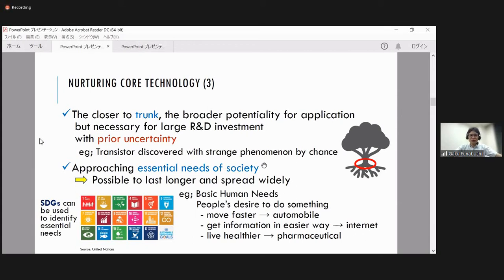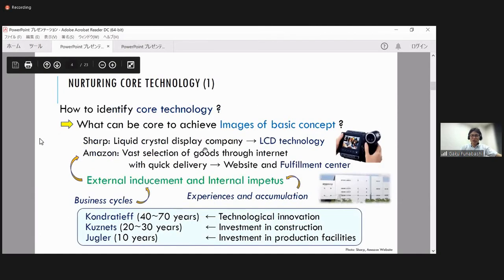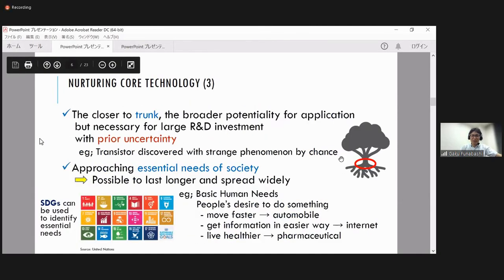Of course, closer to the trunk, it's more fundamental, but for the fundamental research, the uncertainty is much, much higher. So that is why the fundamental research needs more capital, even though the uncertainty is very, very high.